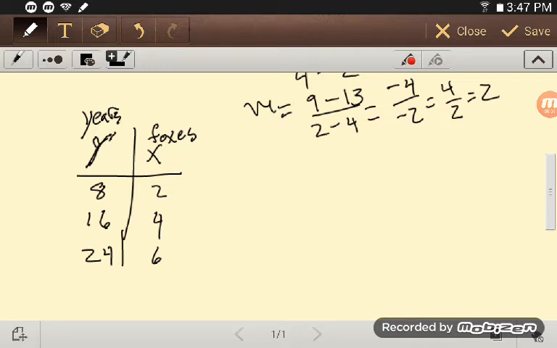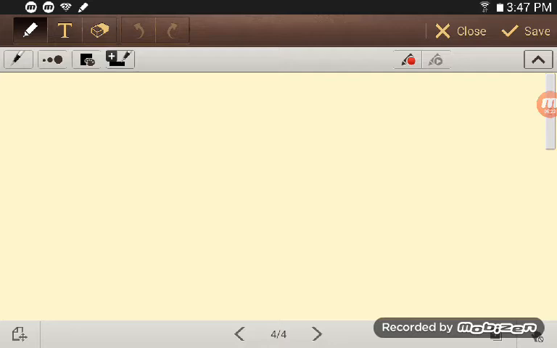So I could talk about the number of foxes on the y-axis and the number of years on the x-axis. That would make sense. Usually the x-axis is the independent thing, and time is pretty independent. It just keeps on going without us being able to do much about it.